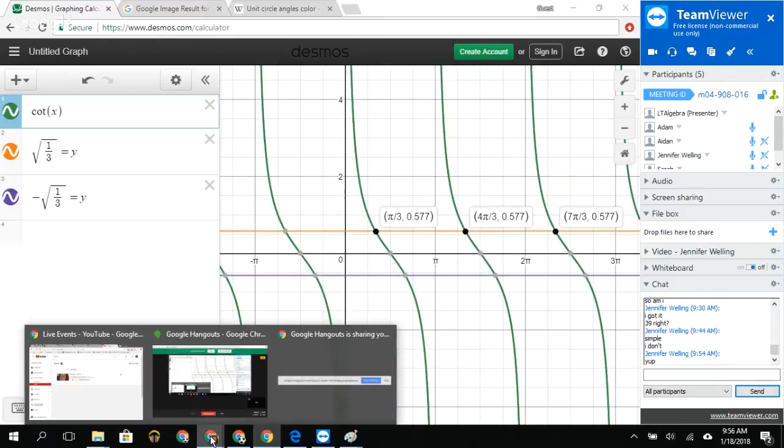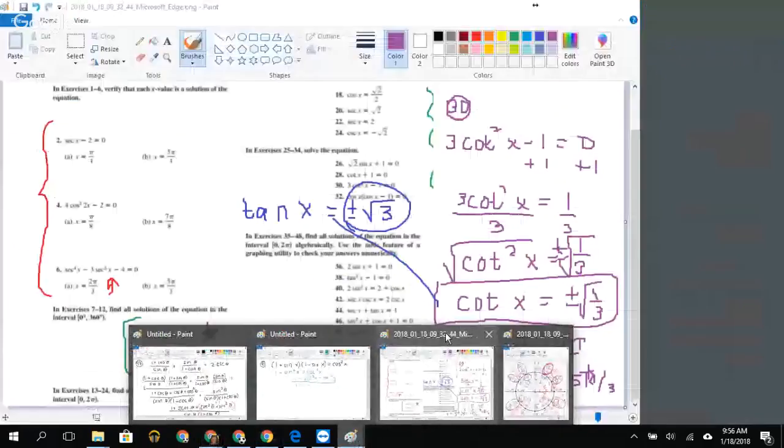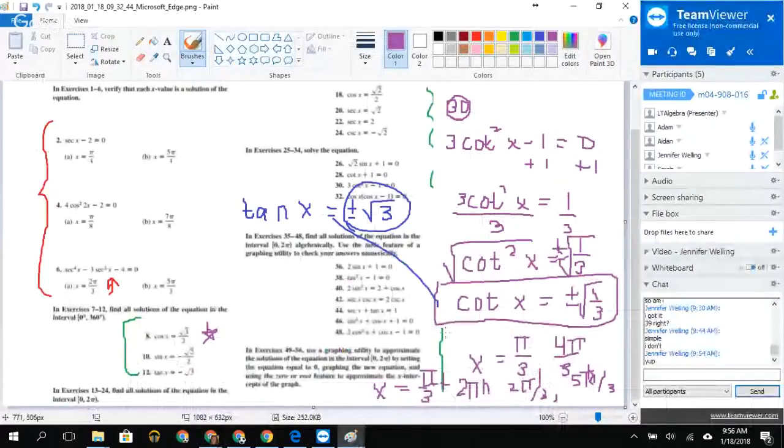If we really want to be specific for this, we could just say pi over 3 plus pi times some number n, where n represents a whole number. So you can have it 1 pi away, 2 pi's away. It will basically catch all of the other solutions. And I'm sorry that this is such a mess, but this is when we're not talking about a specific interval, that's how we would indicate that it's repeating over that time.